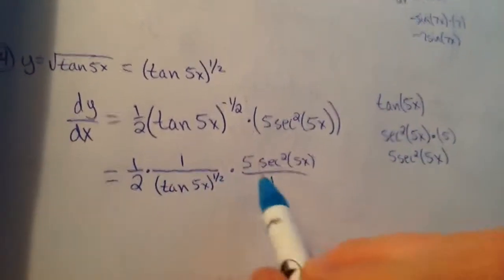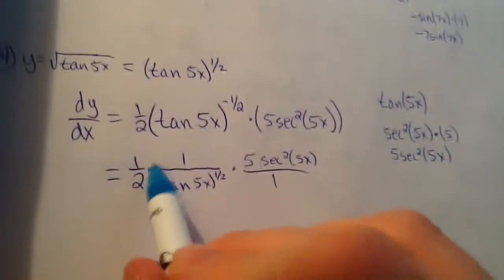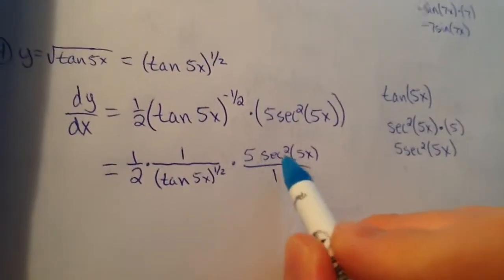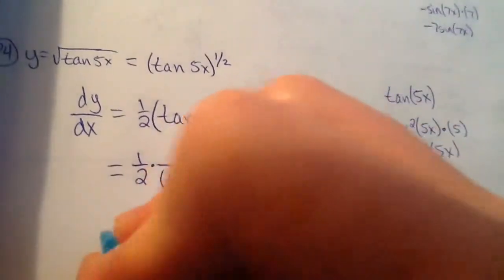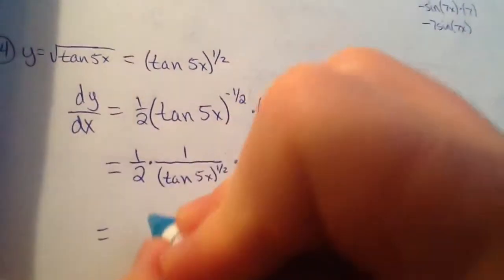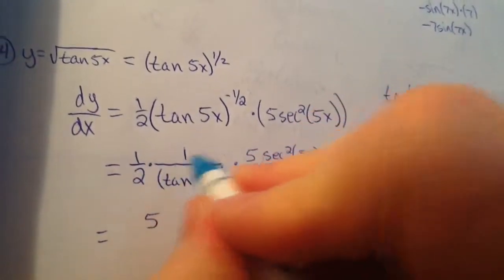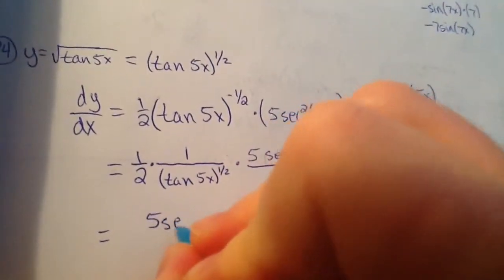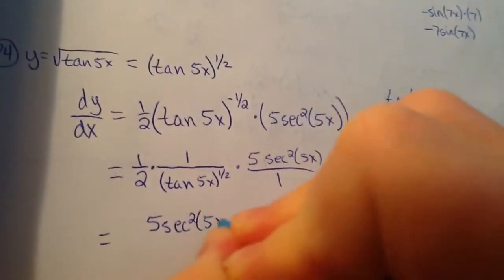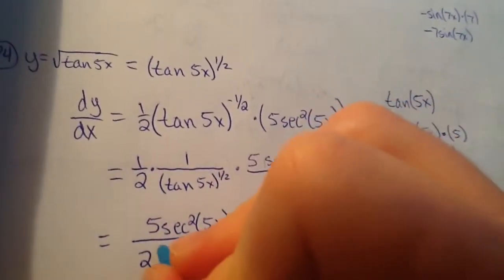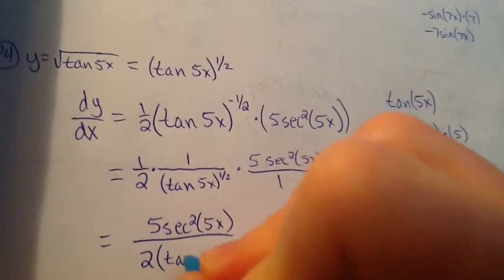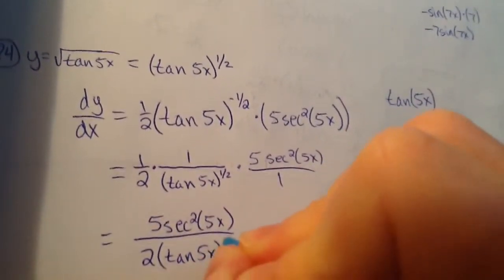Because I'm multiplying all these fractions together. I have a fraction times a fraction, might as well turn that into a fraction. That way it's easy to see. On top, you have 1 times 1 times 5 secant squared of 5x. And on bottom, you have 2 times the tangent of 5x to the 1/2 power.